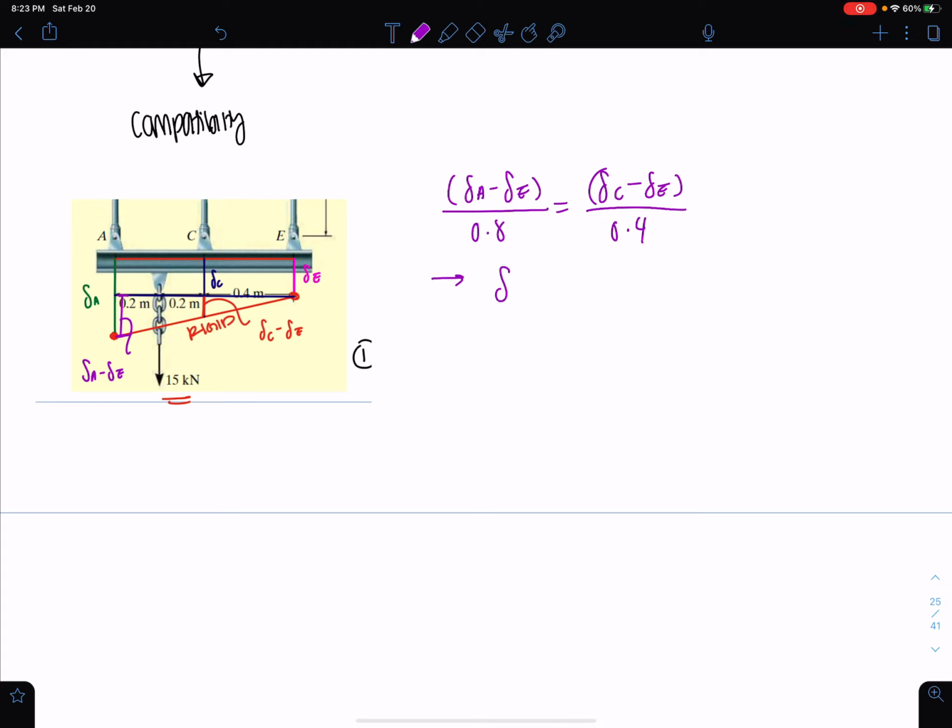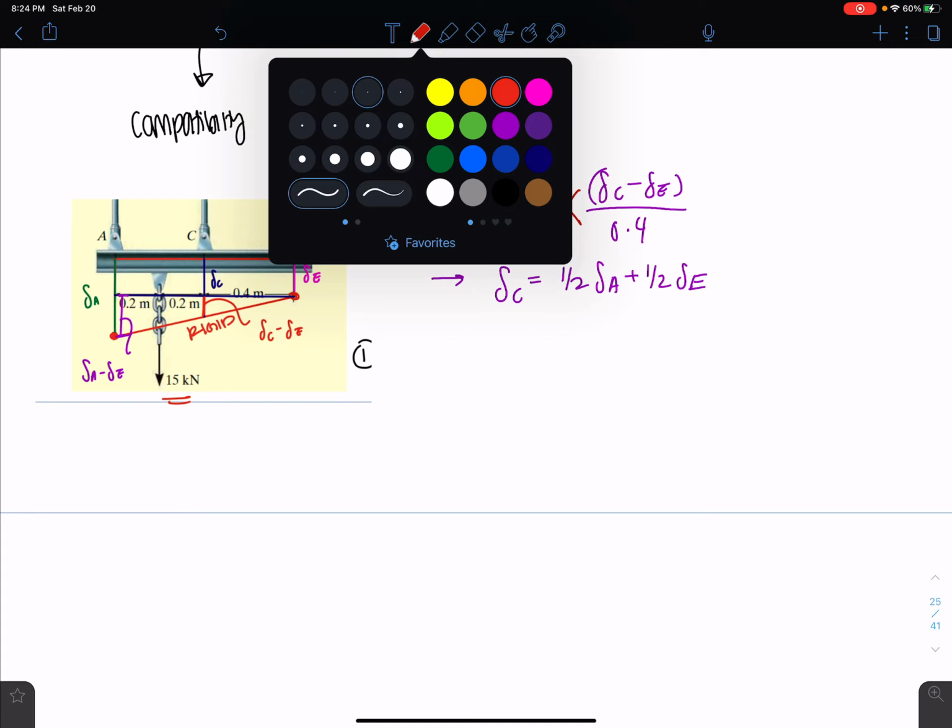And I can solve, and I get delta C is 1/2 delta A plus 1/2 delta E. And how did I get that? I just cross multiplied and solved there.